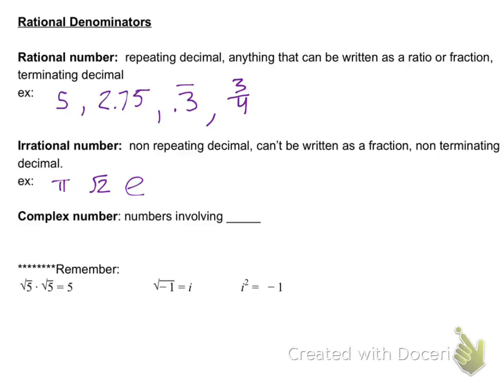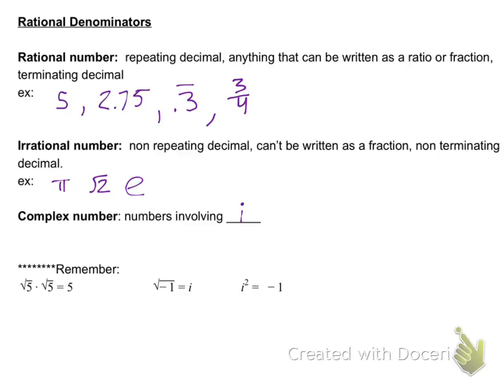And then complex numbers are numbers that involve what particular letter? i. The letter i is something we're going to consider to be something we don't like in denominators as well.